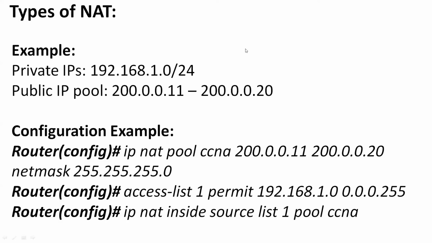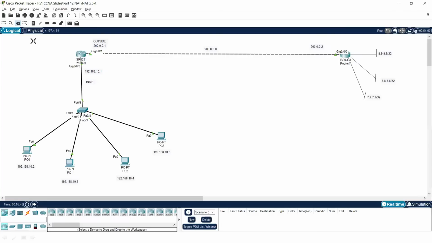Okay, let's do this practically. We already have a network like this, in which we already have mentioned which one is inside and which one is outside. This one is inside and that one is outside. Now we will create a group of IP addresses that is called a pool of IP. In that pool, we have a number of IP addresses like 200.0.0.11, 200.0.0.12, and so on.